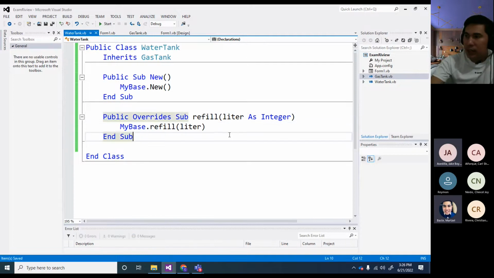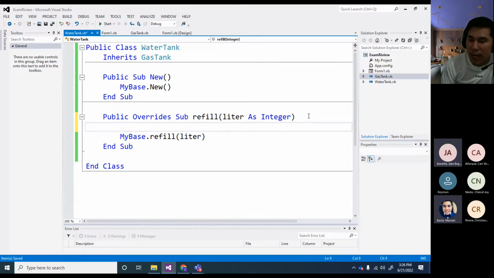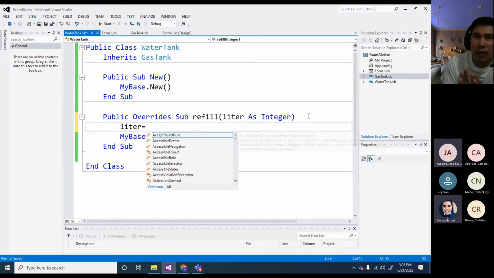So in this case, I can change the business logic, whatever I do with the liter, whatever you do for this refill.